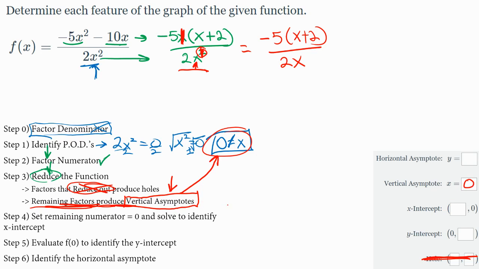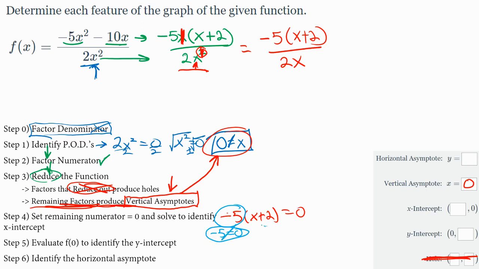Now, when we set the numerator equal to 0, to continue the process, we say negative 5 times x plus 2 equals 0. This is another tricky spot for a lot of students. A lot of students see that negative 5 and say that that is a 0. It is not. If you set negative 5 equal to 0, you should say that's not true. So don't say it is, and don't say that's an x-intercept.